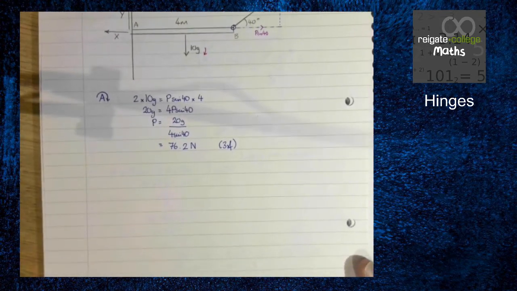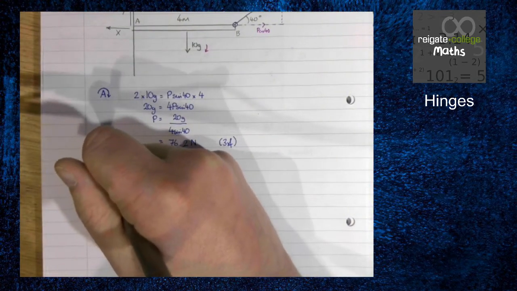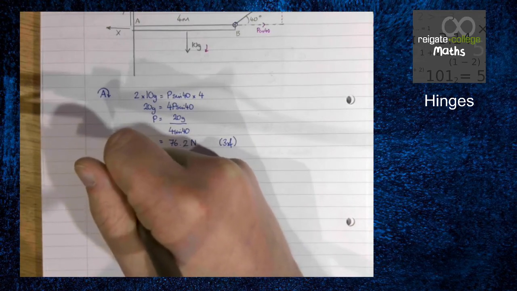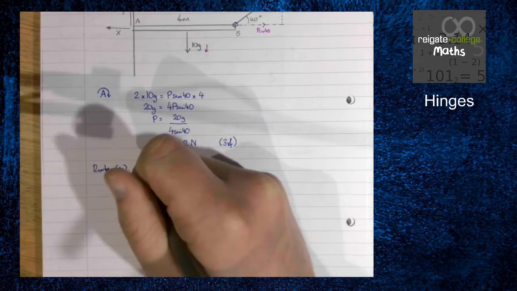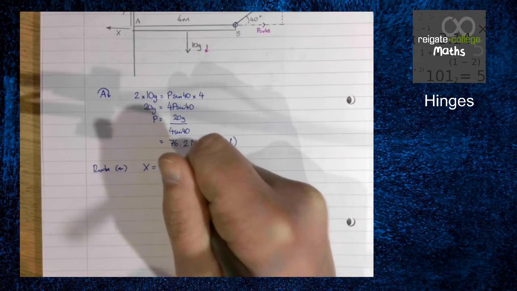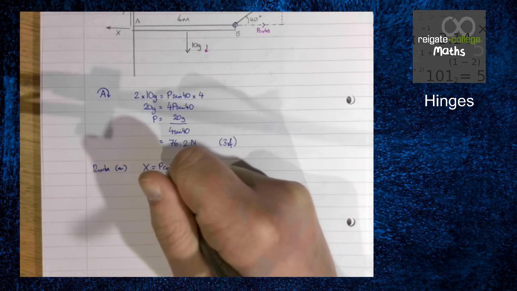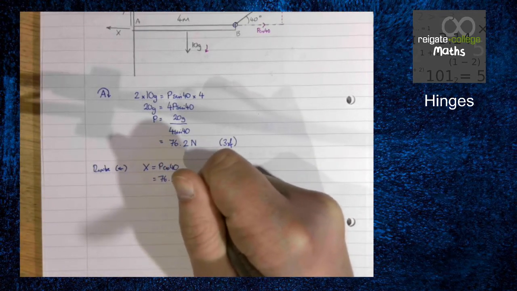So now we're going to do as we did. We're going to resolve horizontally and vertically. So we've got that X is going to be P cos 40, which is this 76.2 times cos 40.